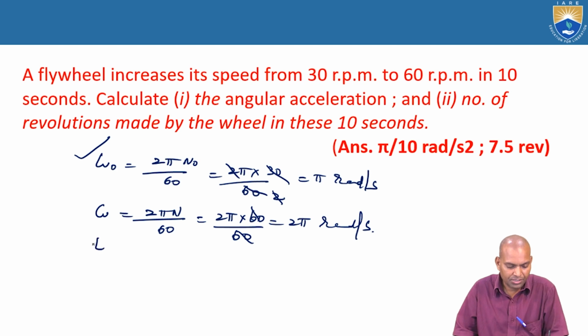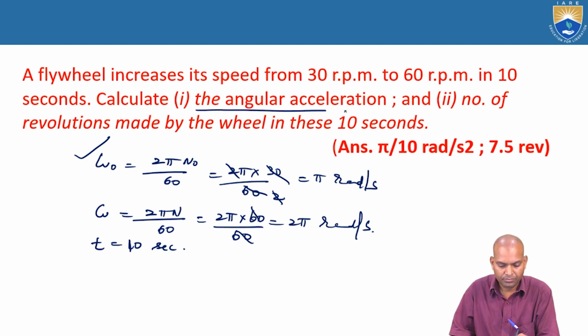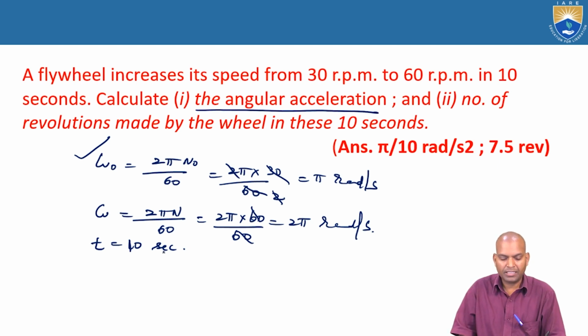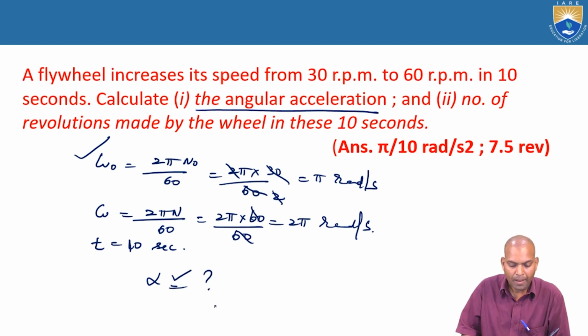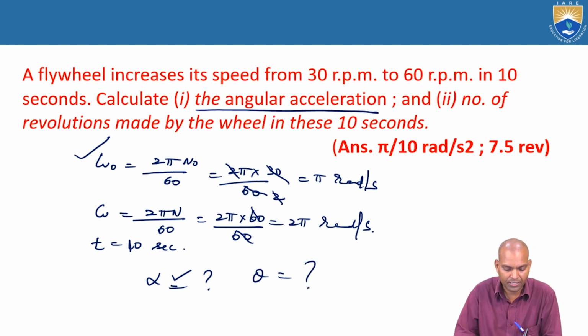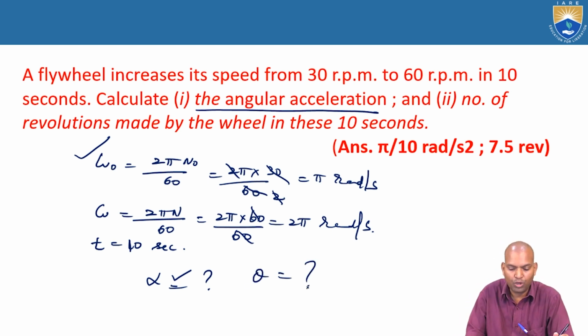Now in 10 seconds, t equal to 10 seconds, calculate the angular acceleration. What is angular acceleration? Alpha we need. How to get alpha? And also the number of revolutions made by the wheel in these 10 seconds, that is angular displacement. We already solved this model.